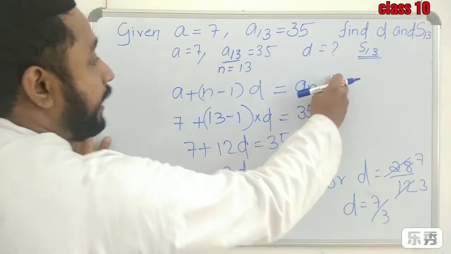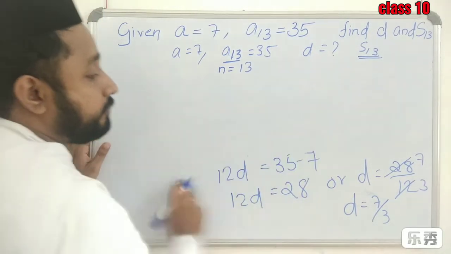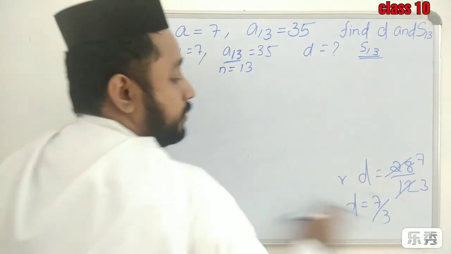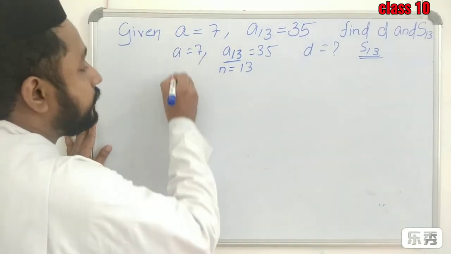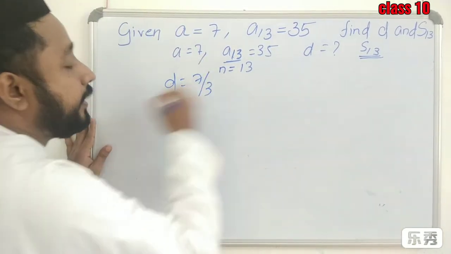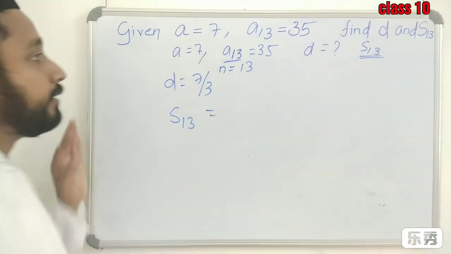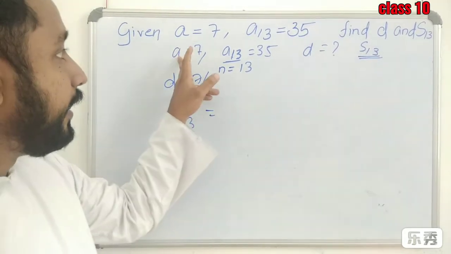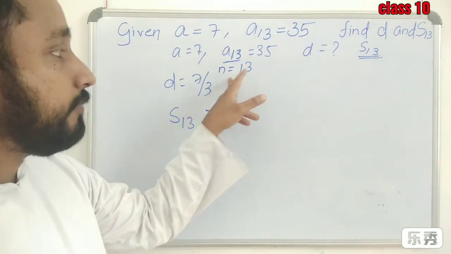Now we have to find S13. We know d is 7 by 3, and we know the values of a and a13, n, so we can easily find S13.